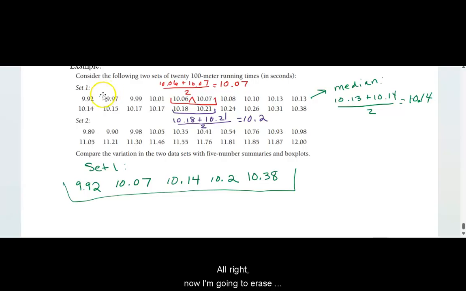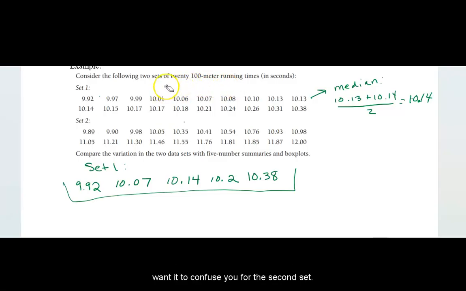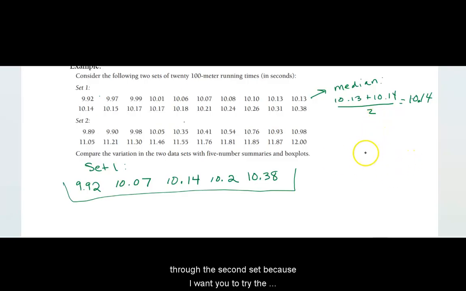All right. Now, I'm going to erase everything I just did here, but you have the video. You can always click rewind or pause or take a picture, whatever you want to do there. The reason why I'm erasing all of this is because I don't want it to confuse you for the second set. Now, I'm actually not going to work through the second set because I want you to try the second set and see how you do.